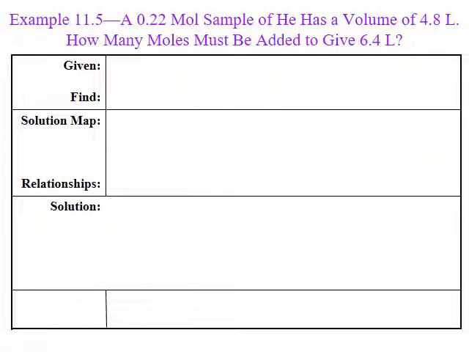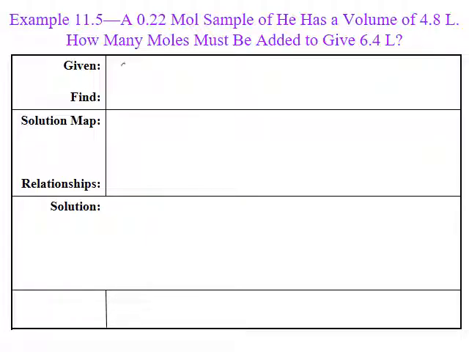The next question is: a 0.22 mole sample of helium has a volume of 4.8 liters. How many moles must be added to give 6.4 liters of helium? So what's given to us is that a 0.22 mole sample of helium has a volume of this much.